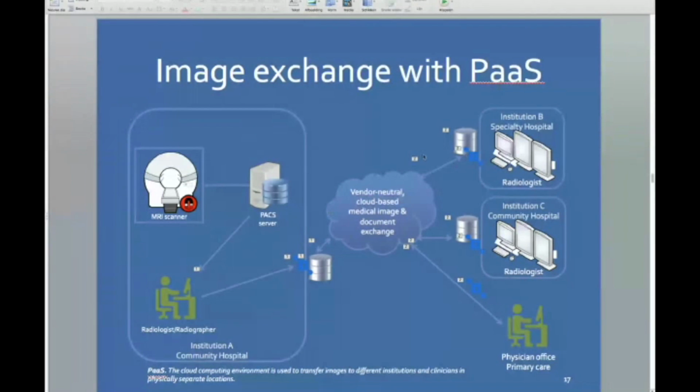So from this cloud-based system, the images can be sent to another radiologist in another institution, or they can even be sent to the physician referring the patient. So this is one example. So the cloud computing environment here is used to transfer images to different institutions and clinicians in physically separate locations.